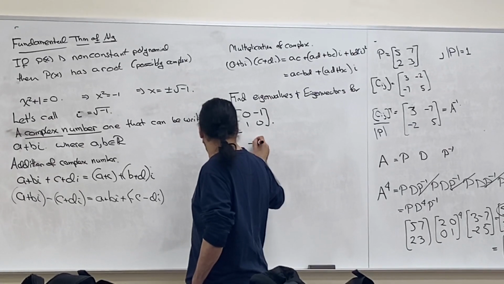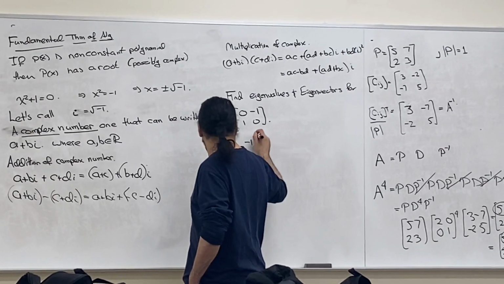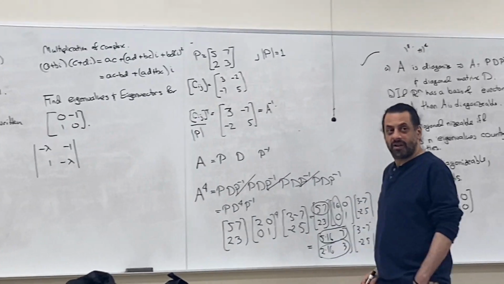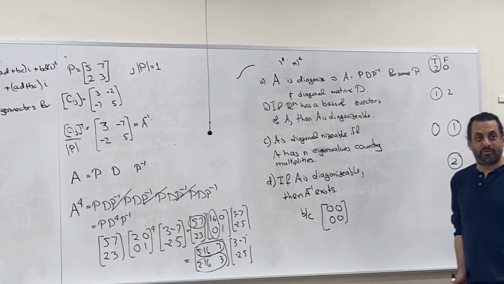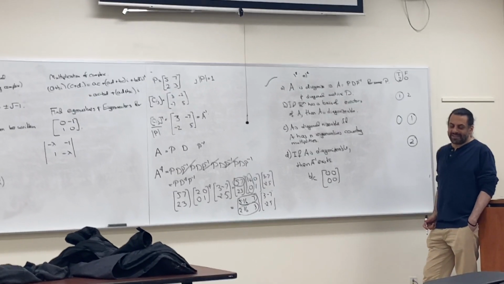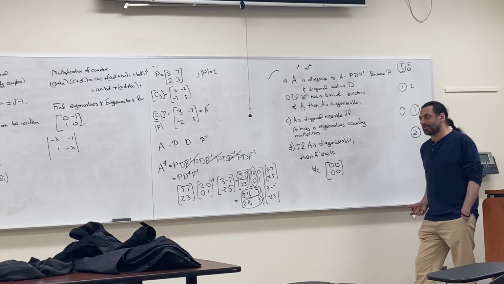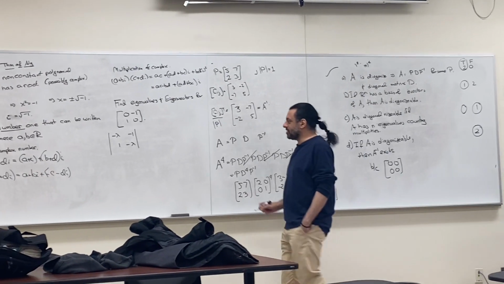So we'll say minus lambda, minus 1, 1, minus lambda. We want the determinant of that equal to 0, and find the solution to it. That's our standard way, right? We find the determinant of A minus lambda I, set that equal to 0, those are my eigenvalues. So what do we get here?